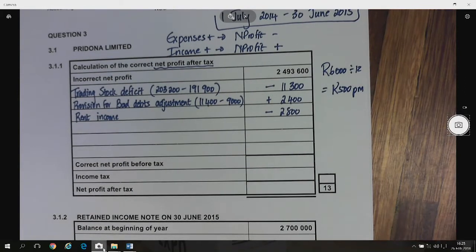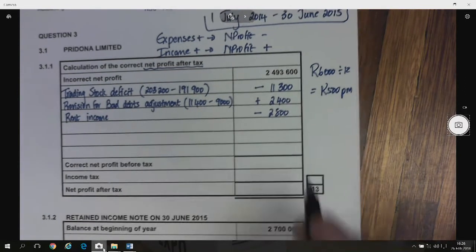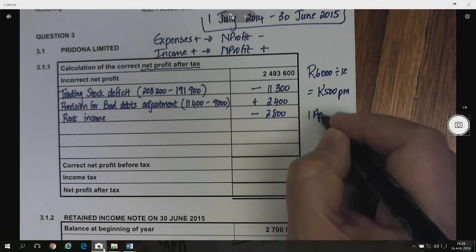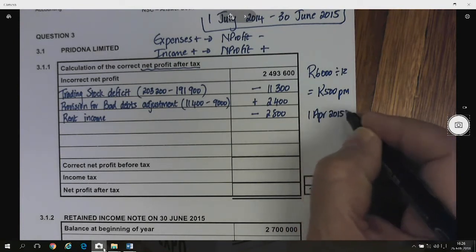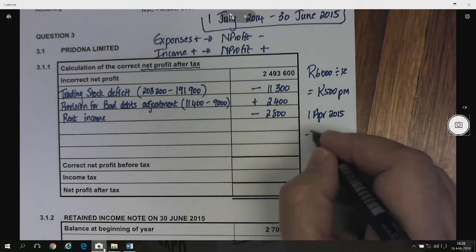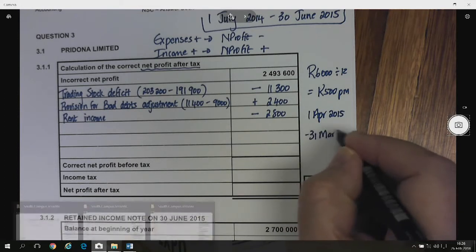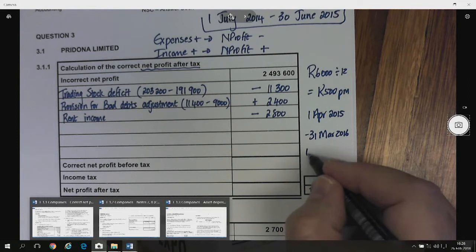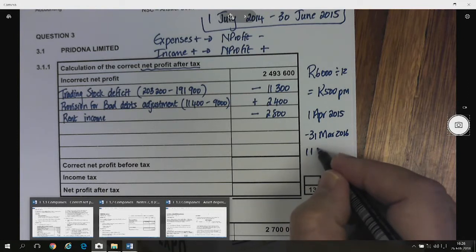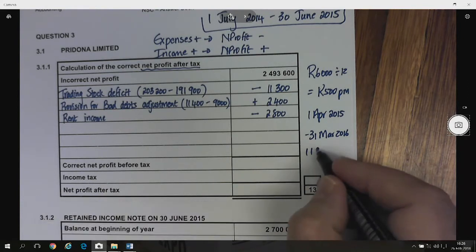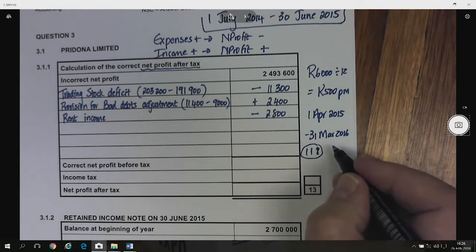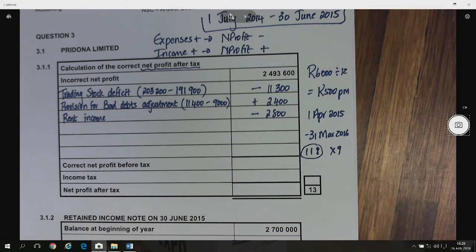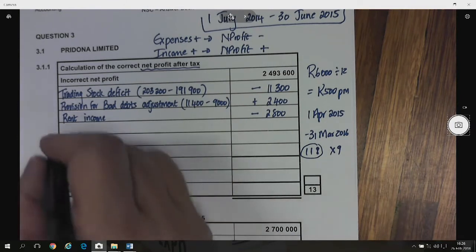Now they mention that it was the 1st of April 2015, which is in our year, until the 31st of March 2016, which is not in our accounting period. So we count April, May, June. 3 months are included. And then, of course, if 3 months are included, then 9 months are excluded. So that will give you insurance.